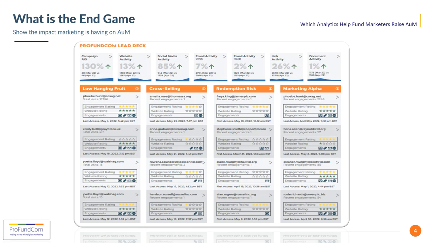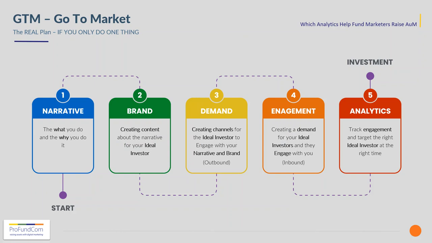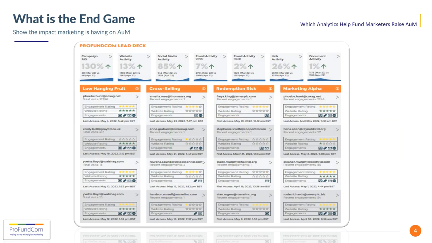So this in itself takes all the work you've done through all the stages and all the pain of building out your narrative, building out your brand, creating the outbound marketing, the demand gen, creating the inbound, and then delivering it in a way that is not only useful to a sales team or a relationship manager or the IR team, but ultimately gives you the ability to see the impact that you as a marketing team, as a marketer, is having on the asset raising process.